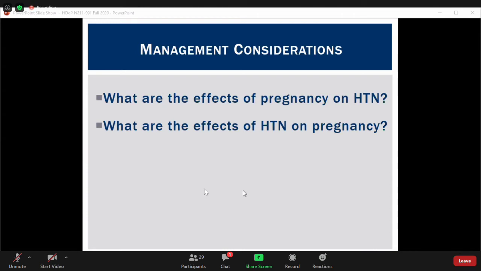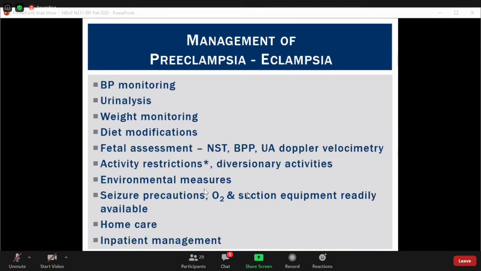But on the other hand, now we have the effects of hypertension on the pregnancy. So you have two things that are kind of impacting each other. So obviously we need to monitor this blood pressure.